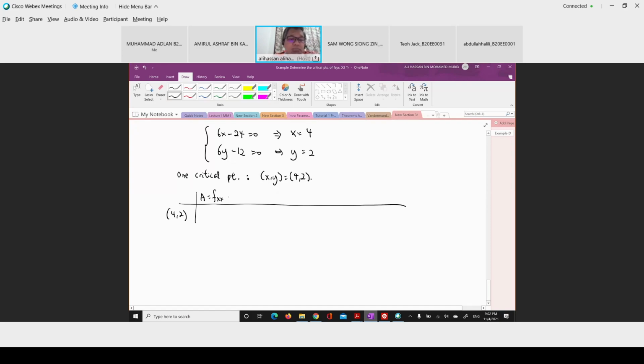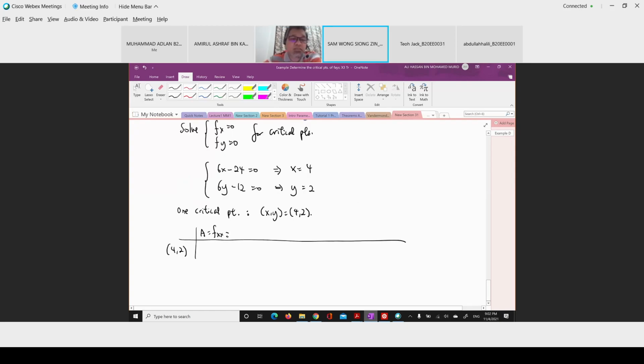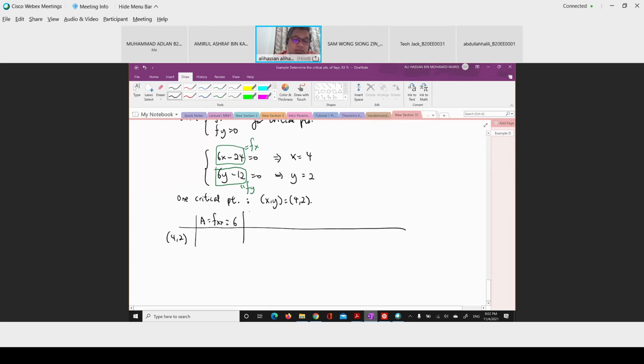What is it? It is 6, because f partial x is 6x minus 24, so f partial x partial x is a constant 6. What about B, which is f partial x partial y? 0.